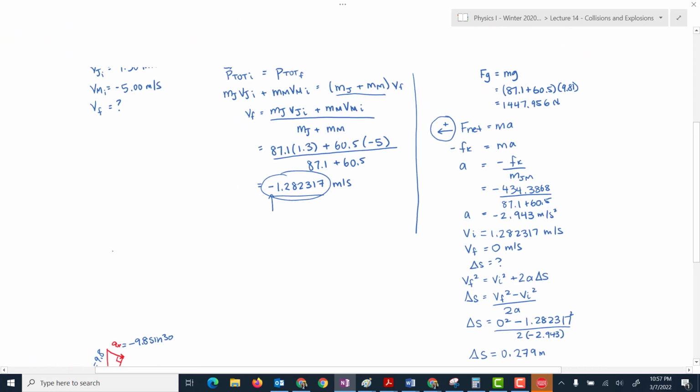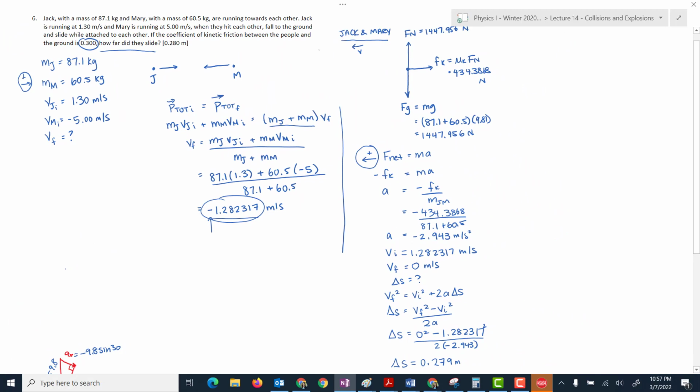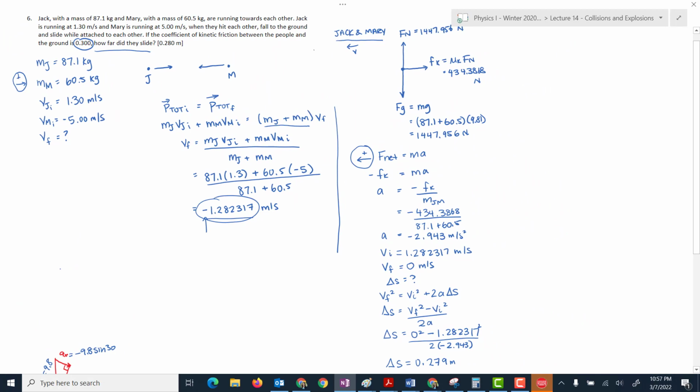That was a big question. All right, so that's my final answer. I solved for delta S and that's it. So I get 0.279 meters. That's how far they slide.